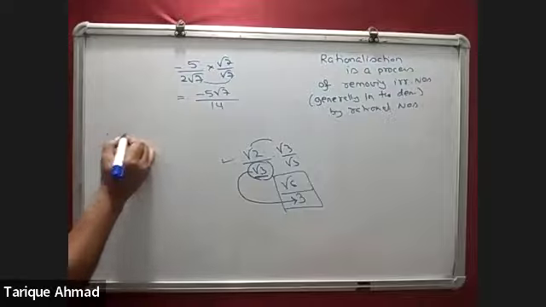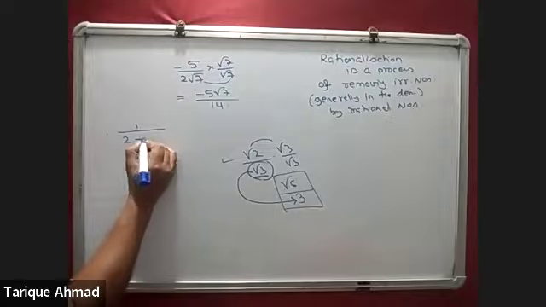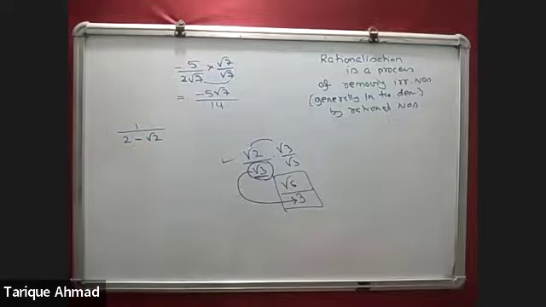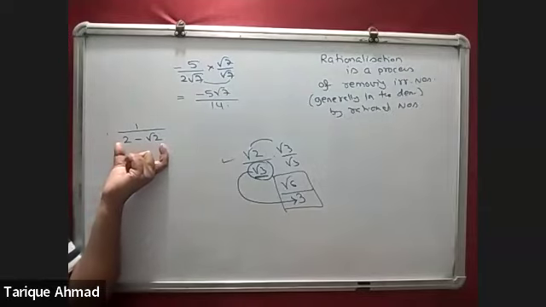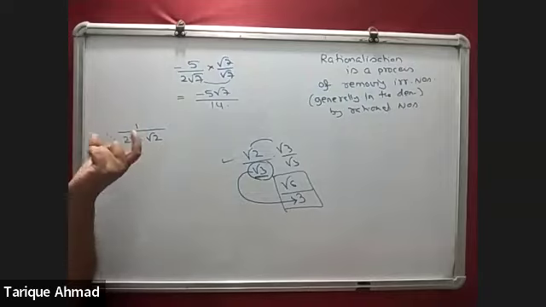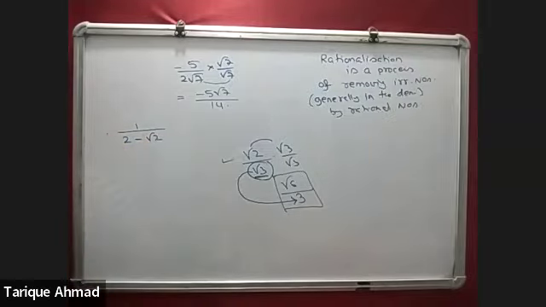Now tell me, how can we rationalize 1 by 2 minus root 2? Multiply by 2 plus root 2 in the numerator and the denominator. If the denominator contains an irrational number with 2 terms, the rule is to multiply and divide by its conjugate.